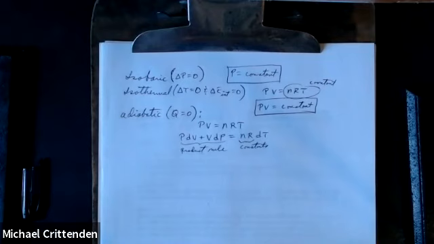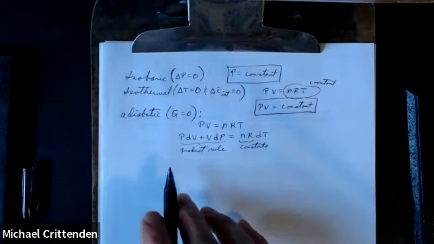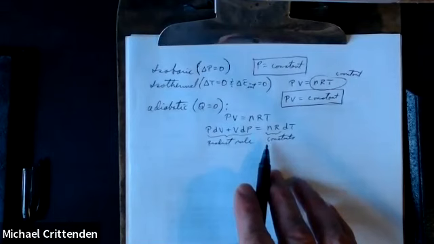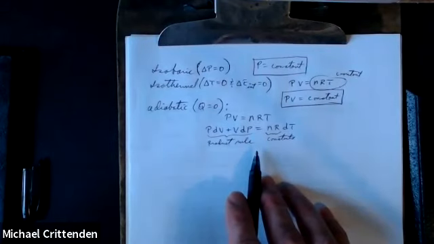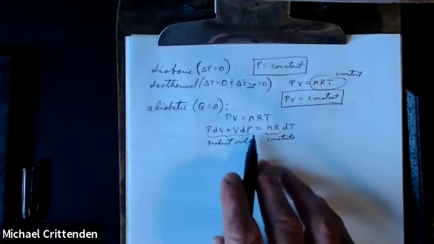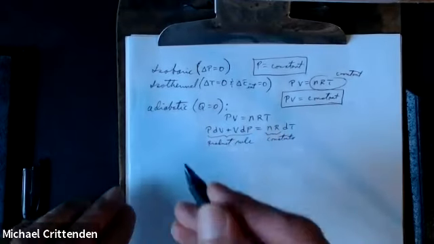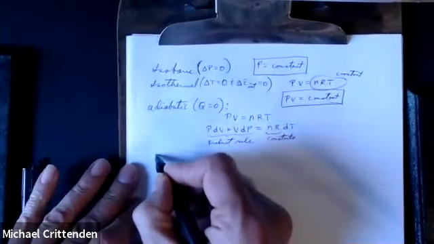So we need a substitution, too many variables. I want to get everything in terms of pressure and volume. Once I've got it down to 2 variables, then I can integrate. But right now I've got 3, pressure, volume, and temperature. So I need some sort of substitution for dT.